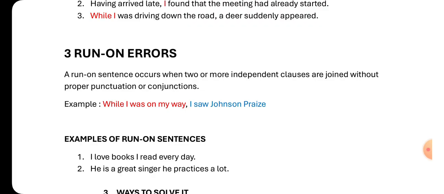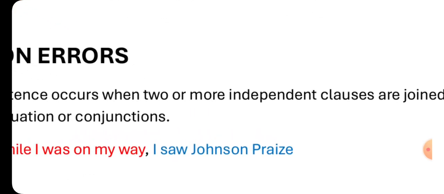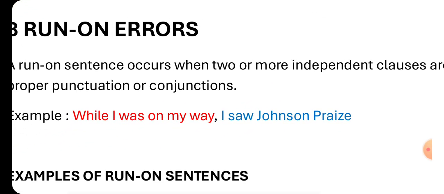The one that cannot stand on its own is called dependent, because it depends on other sentences or other clauses to be able to make meaning. But there's also one that can stand on its own without the help of any other word. Even if you take it alone, it still makes meaning. Let's digest them carefully. While I was on my way, does it make meaning?